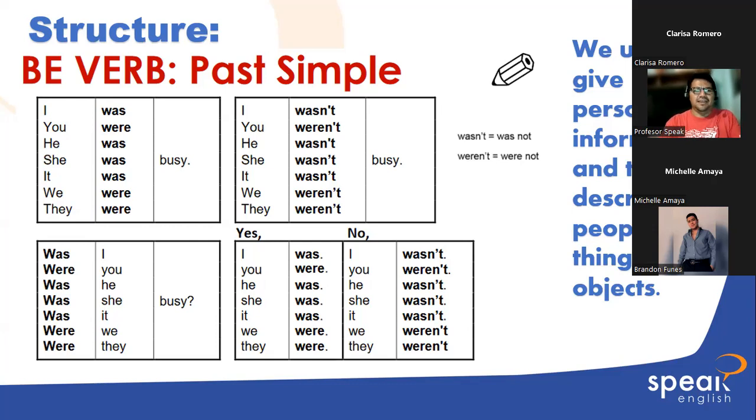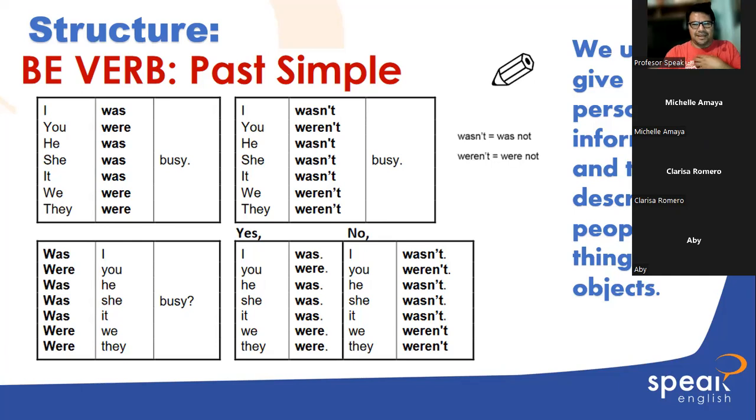Okay, it's possible, but if I am asking myself and I'm trying to remember, was I busy? Ah, yes, I was busy yesterday. Or no, I wasn't busy. But that is if you're talking to yourself.